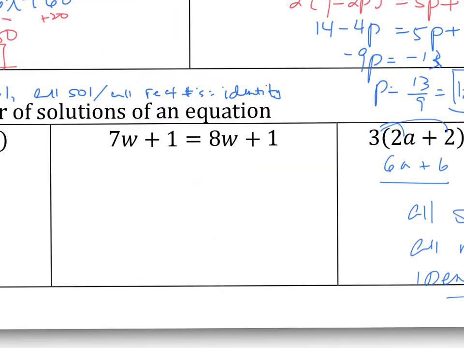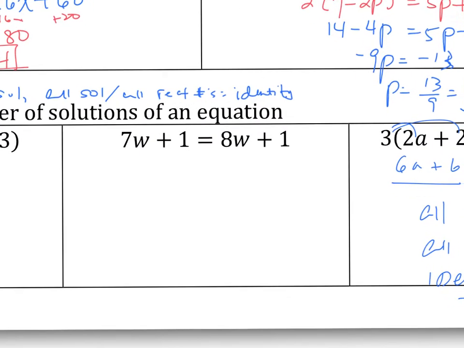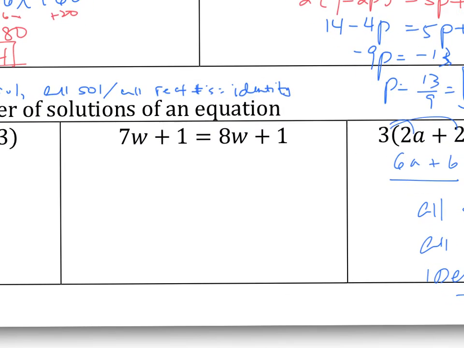Now let's look at this one. The solution is 0. One solution.